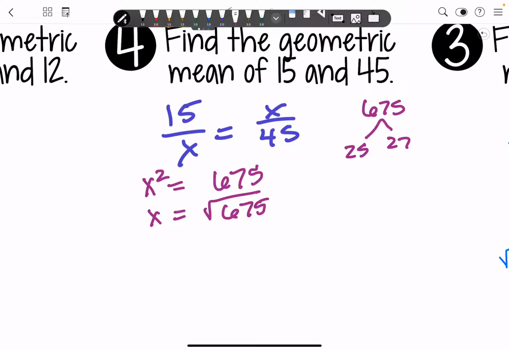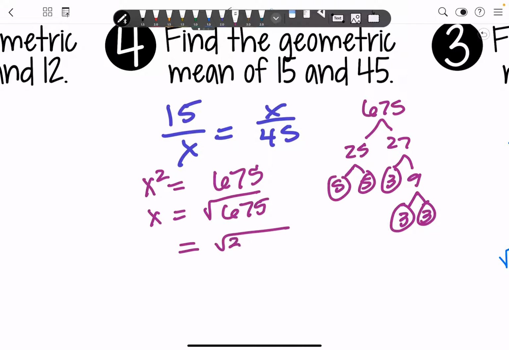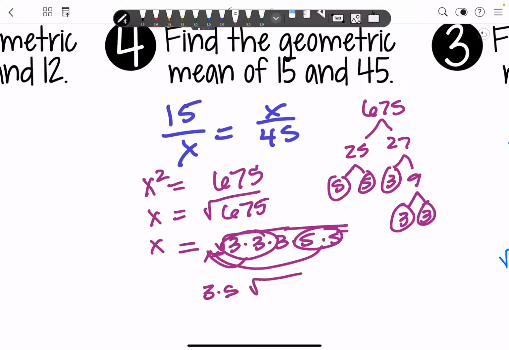I can simplify this one to 5 and 5. This one is 3 and 9, 3 and 3. So you end up getting 3 times 3 times 3 times 5 times 5. Couples go out, and singles are going to stay in. So you get 3 times 5 on the outside and 3 on the inside. So you're going to get x equals 15 square roots of 3.